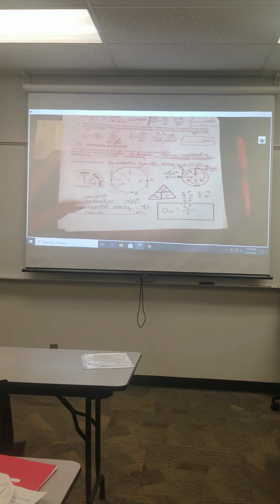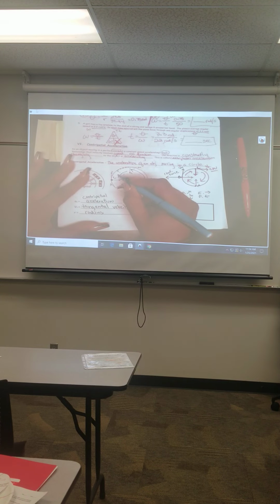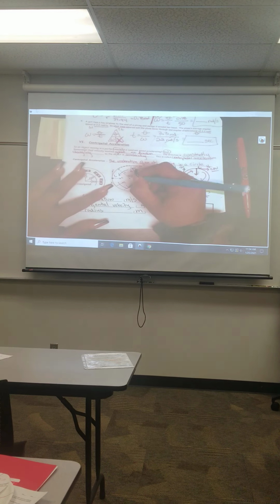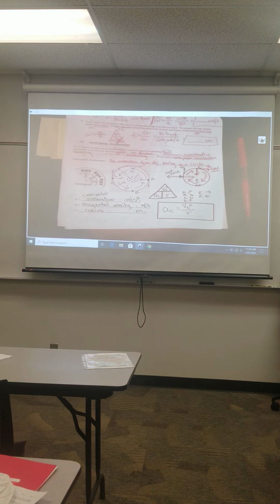Now, the question is going to tell you that the object's moving counterclockwise. So it's moving in this direction. And they're going to use counterclockwise, so you need to know the difference. Counterclockwise. So I know it's moving in that direction.